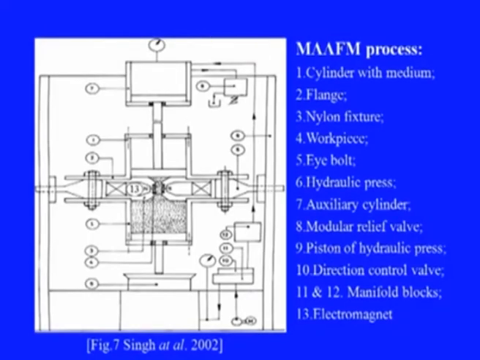So, this is the complete setup of this process with different hydraulic diagrams and different other components for measurement of different parameters like flow parameters, pressures and so on. This has been incidentally developed in IIT Roorkee again.